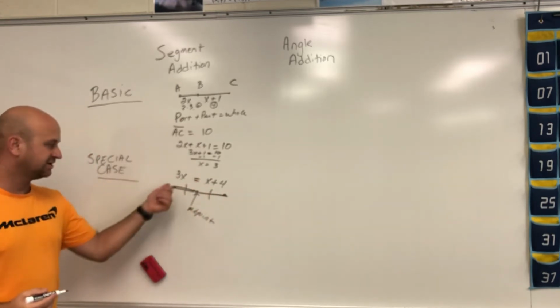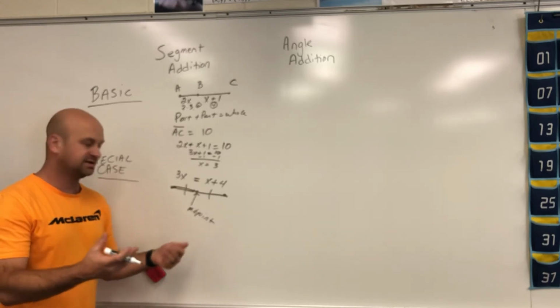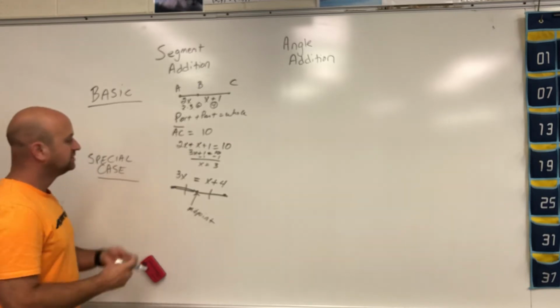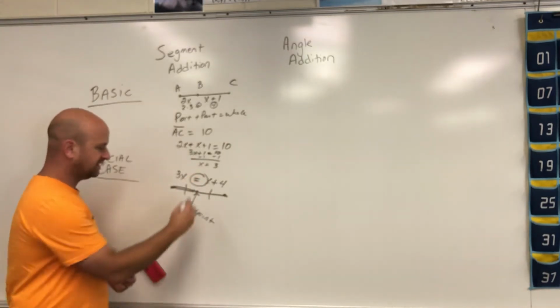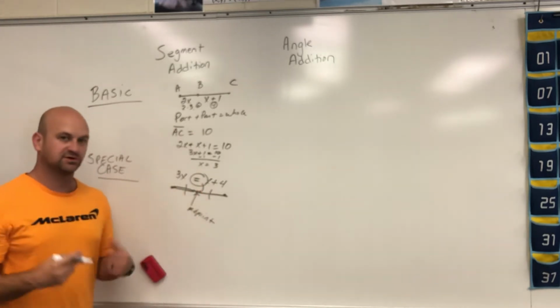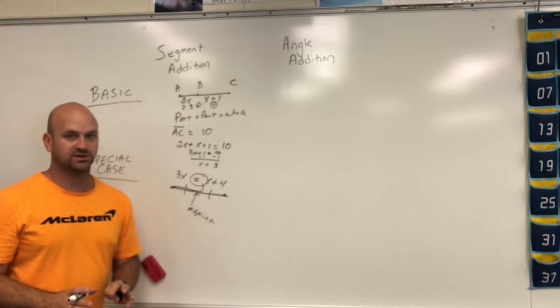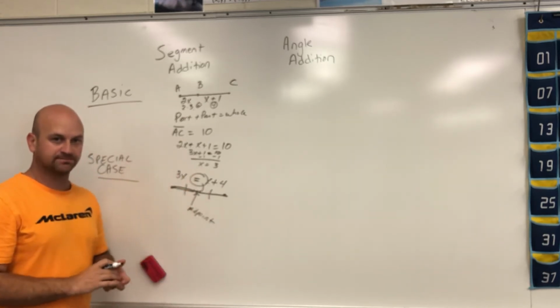So we would set up our equation like this, solve for x, and then depending on if we need to plug the value in or not, we would do so. So here's a special case. This is the only time that it's equal, and that's because we have this vocab term called a midpoint. In the example up here, it was not a midpoint, so we just add them up, and it equals the whole thing.